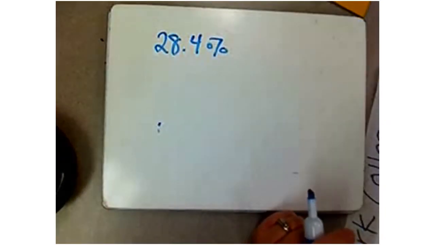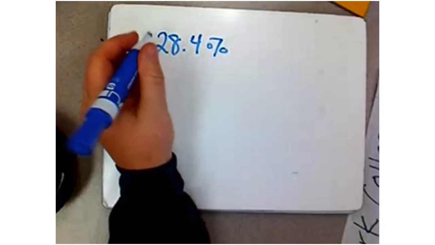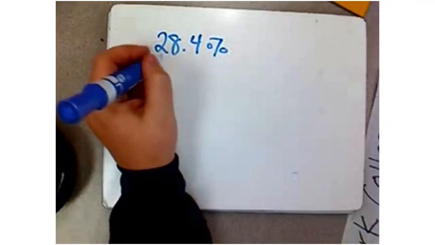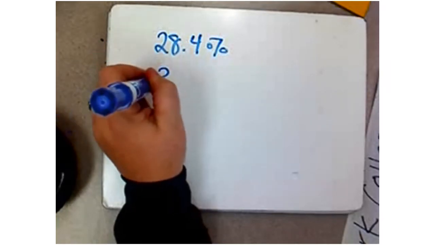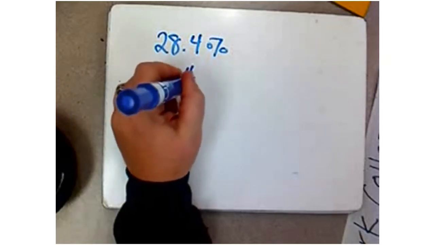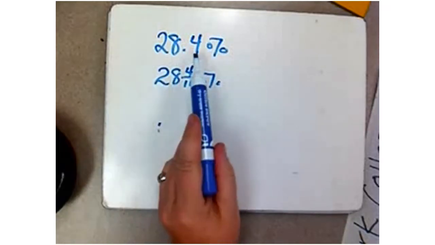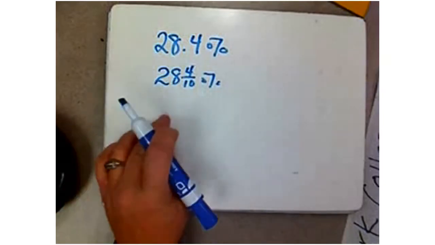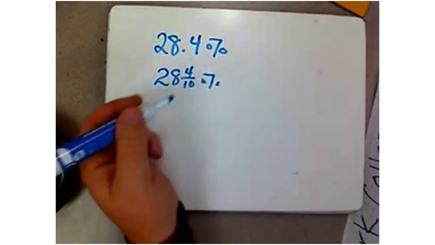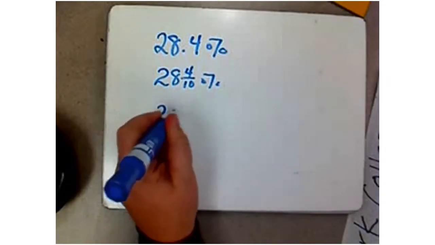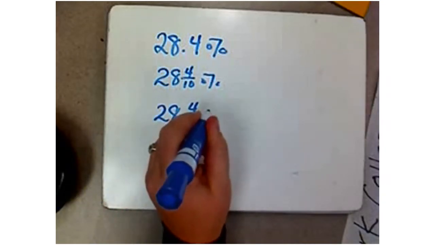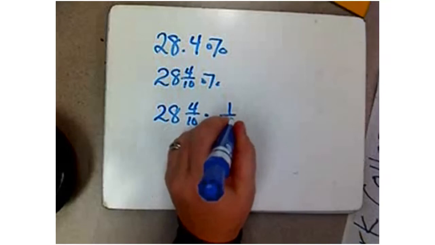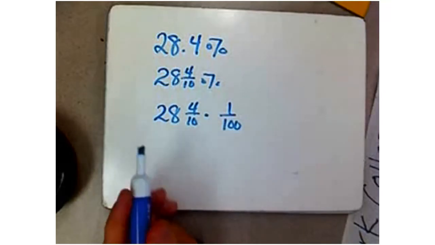So this is where you need to engage your rules around decimals and fractions, and this is 28 4/10ths of a percent, isn't it? If you change your decimal to a fractional equivalent, it's 4 parts of 10. So we have 28 4/10ths times 1/100th, the fractional equivalent of a percent sign.